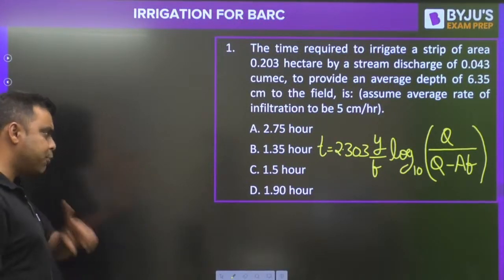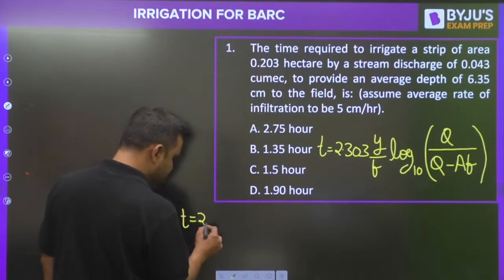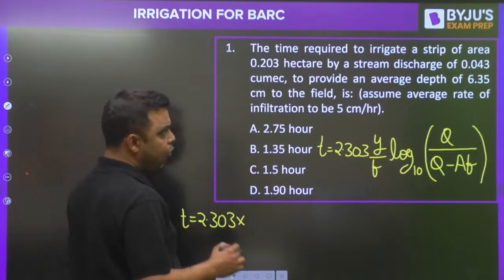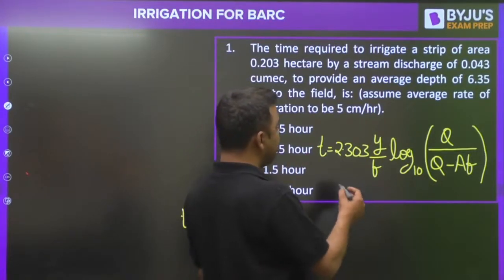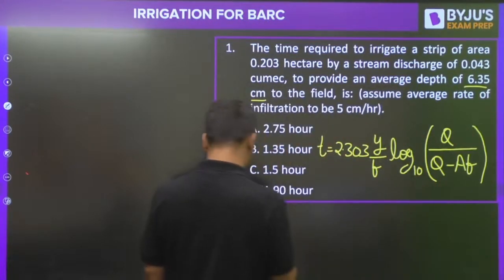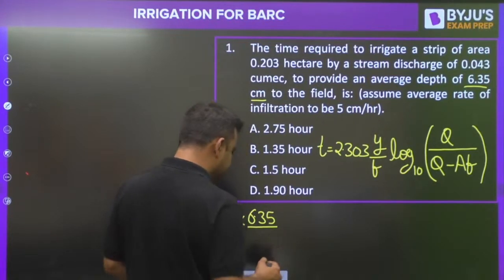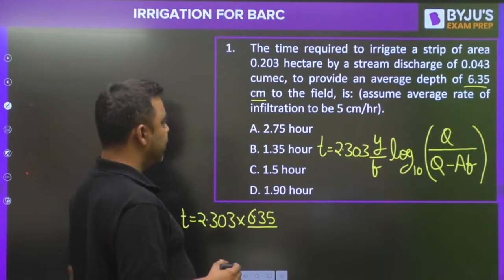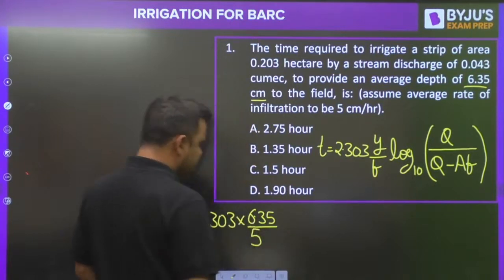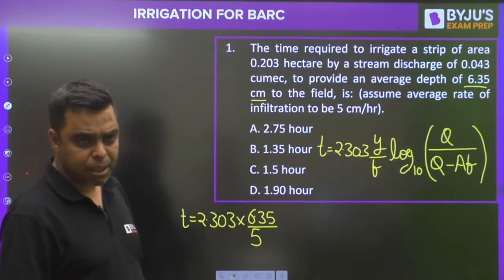Now let us put the values in this formula. So T is equal to 2.303 into Y. Y is the average depth of flow, and how much is the average depth of flow? 6.35 centimeter. So 6.35 centimeter divided by average infiltration rate, that is 5 centimeter per hour. So guys, over here I am putting the infiltration as 5 centimeter per hour.